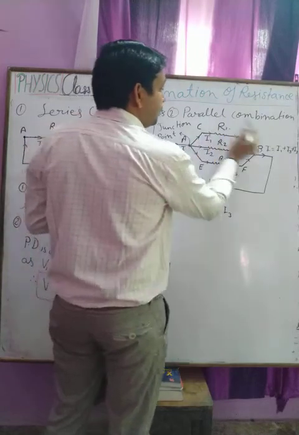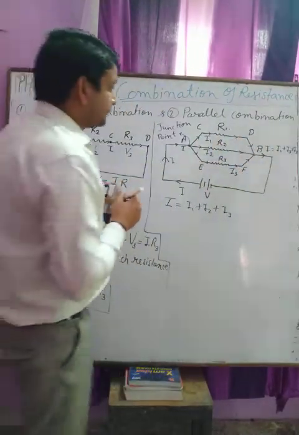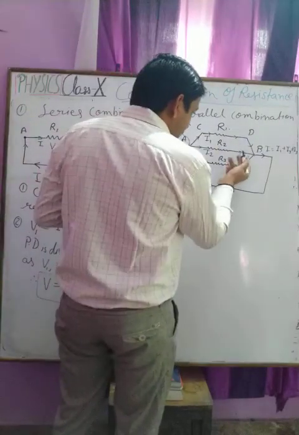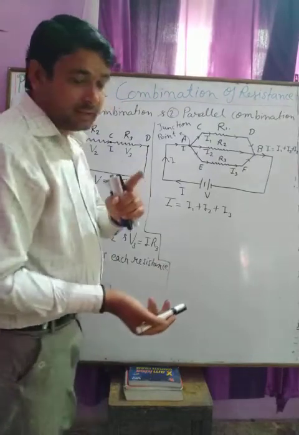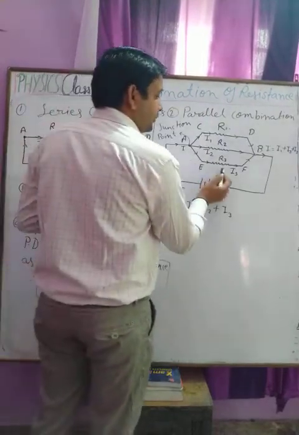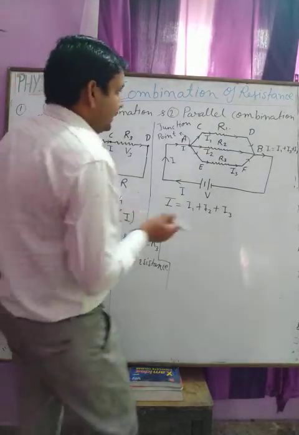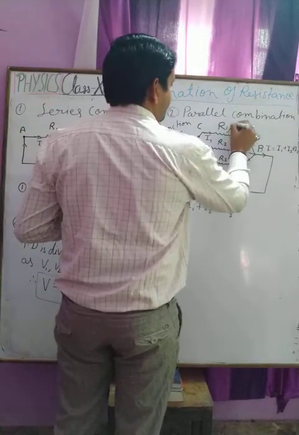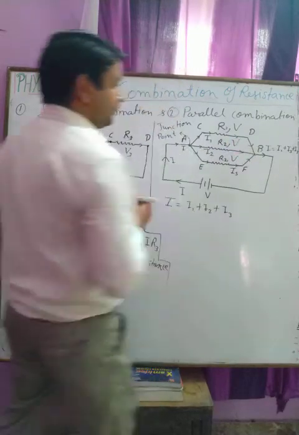It goes through R1, or if it goes through R2, it can go with the single resistance, and if it goes through R3, it can move through R3. That is, the value of potential across each resistor is only V.